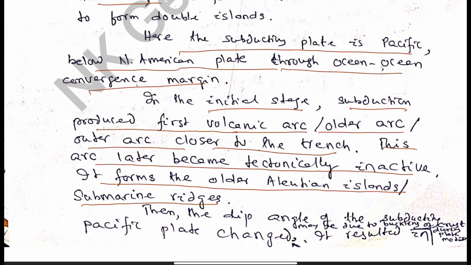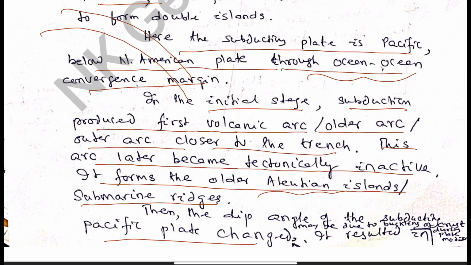And during this process of subduction, what happens? There may be buckling of the crust. The crust may be buckled, as a result of which the dip angle of the subducting plate, because subduction takes place at an angle, this is the angle of subduction, may change.